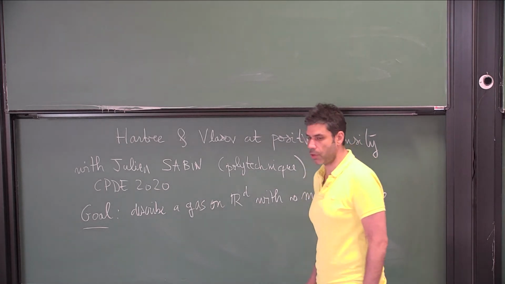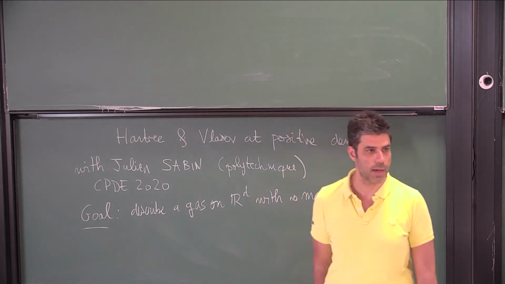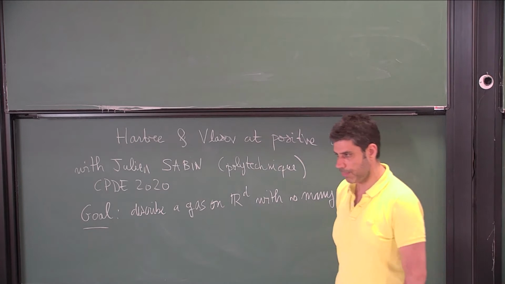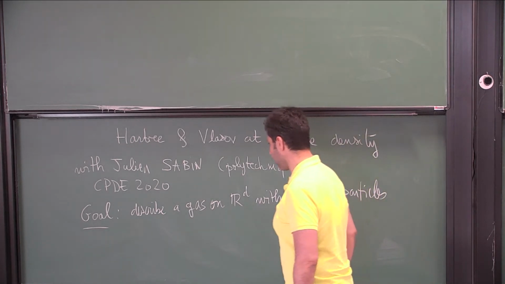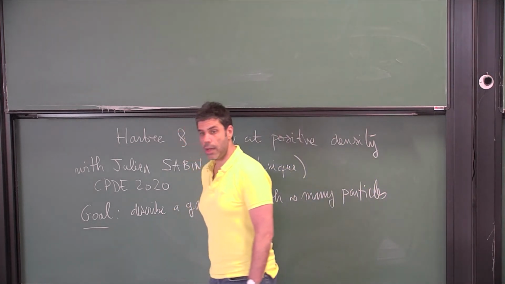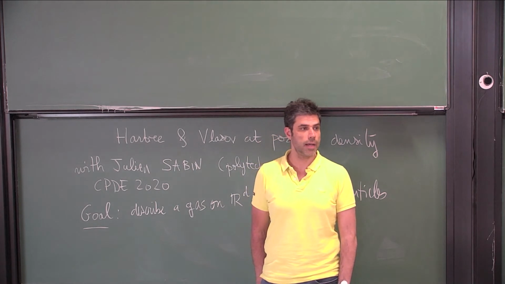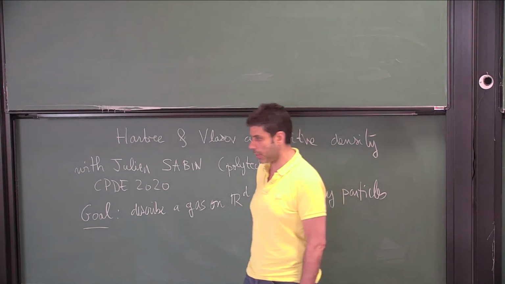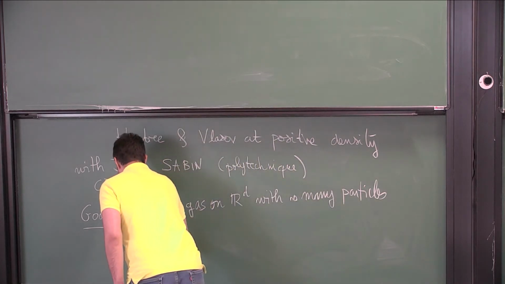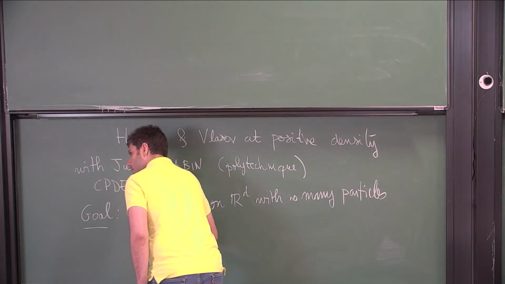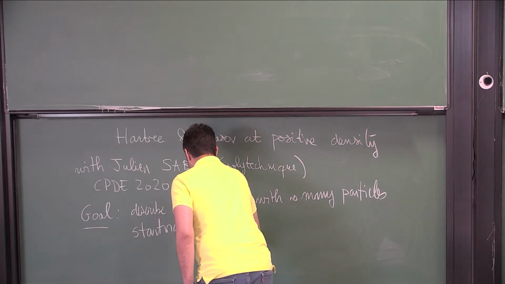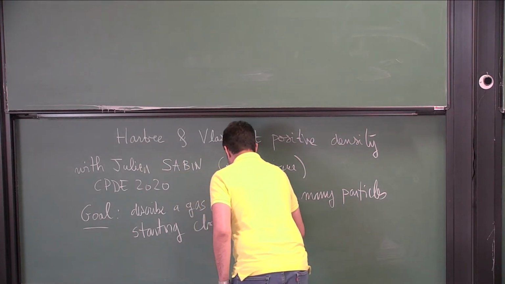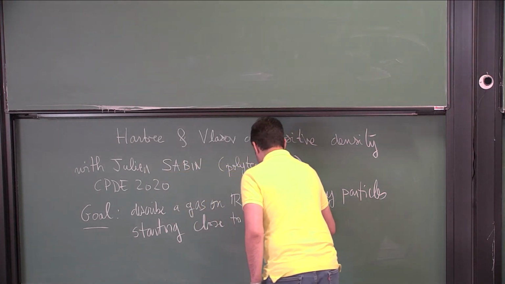And when I say describe, I mean the dynamics of an infinite gas on the whole space. We will particularly ask what is happening if we start the dynamics close to an equilibrium state.